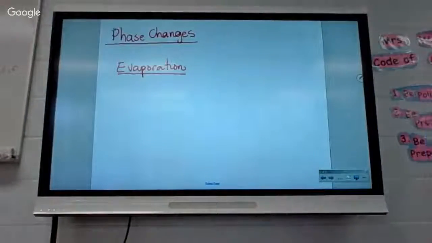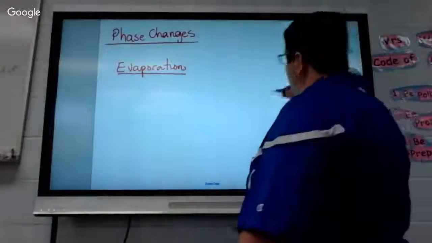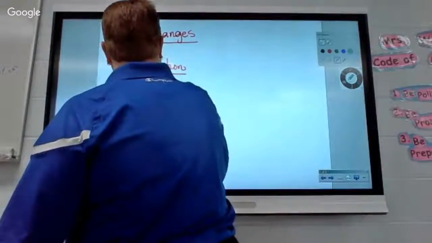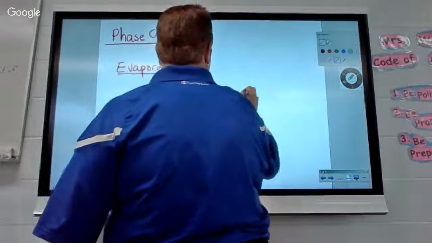I would expect at this point, based on yesterday's lesson, for you to be able to write that as an equation. What does it start as? It starts as a liquid. And what does it change into? Yes, it changes into a gas.